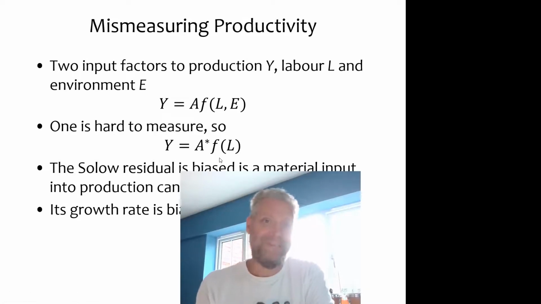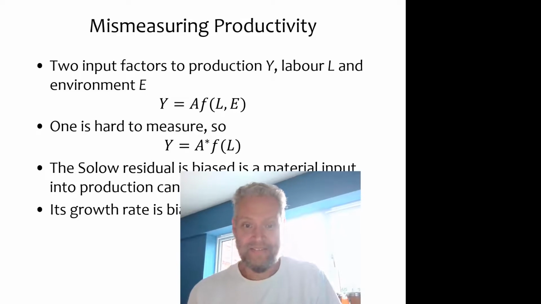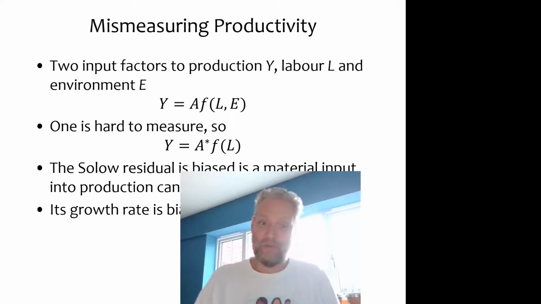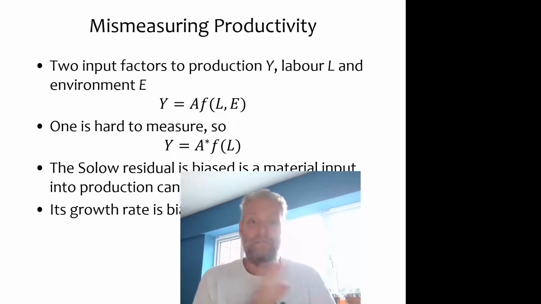It's the Solow residual. We measure A by measuring Y and measuring F, and then figuring out, oh, there's something missing there, and we call that the Solow residual, and we call that total factor productivity. But it is something that is indirectly measured, that follows from measurements we make elsewhere in the economy.